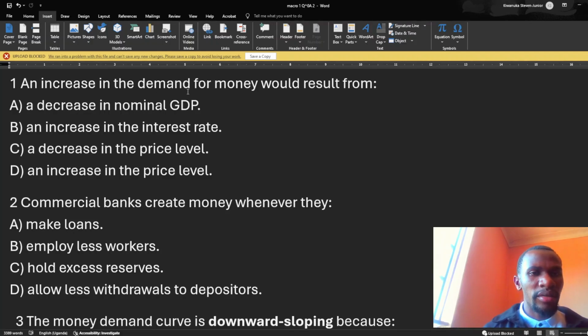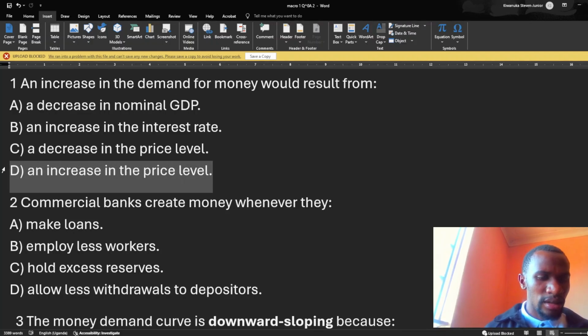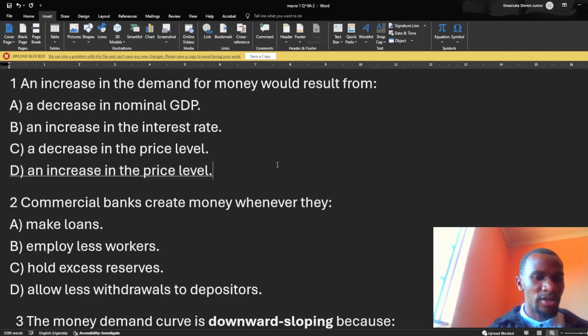When do we demand money? When there is an increase in the price level. The answer here is D, proven and tested, right? Whenever there is an increase in the price level, there is an increase in demand for money.